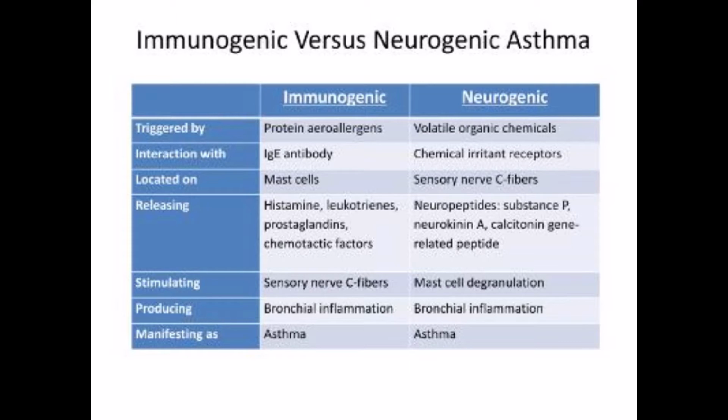And there's some crossover, what Meggs refers to as the neurogenic switching phenomenon, whereby histamine release also stimulates sensory nerves, and the neuropeptide release also stimulates mast cell degranulation. And the end result is inflammation, bronchial inflammation resulting in asthma, which occurs by two distinct mechanisms.